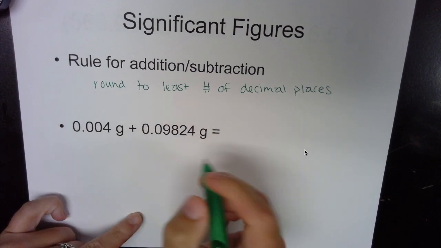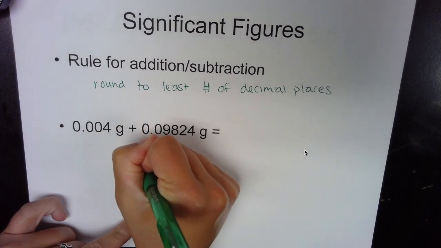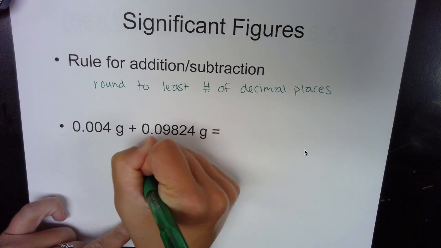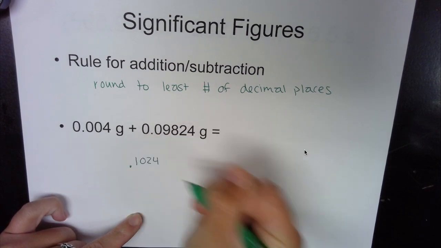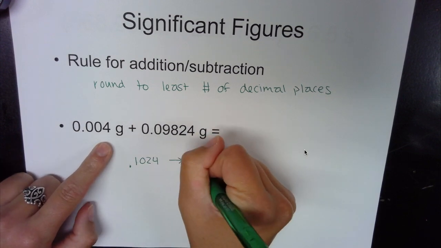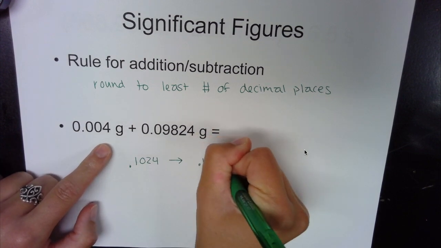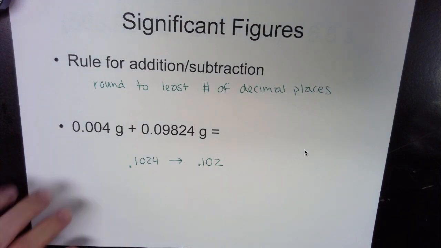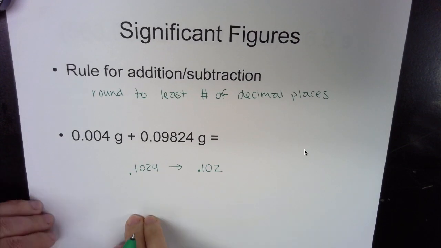So when you add those two together, you get 2.1024. We only want to round to that third decimal place, so that would be rounded 2.102. So that's for addition and subtraction.